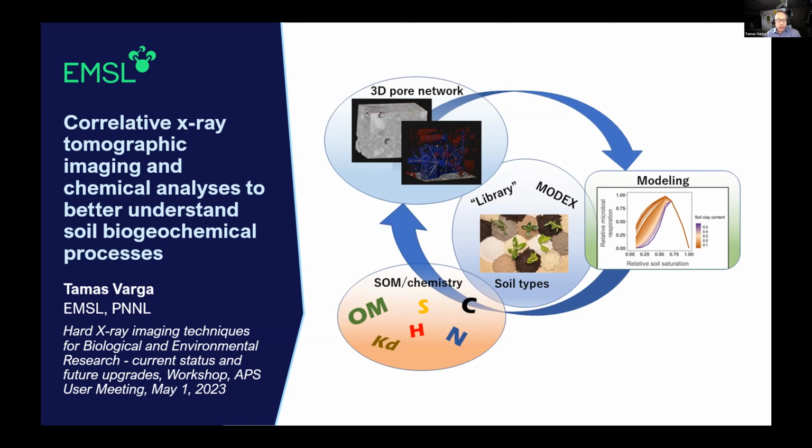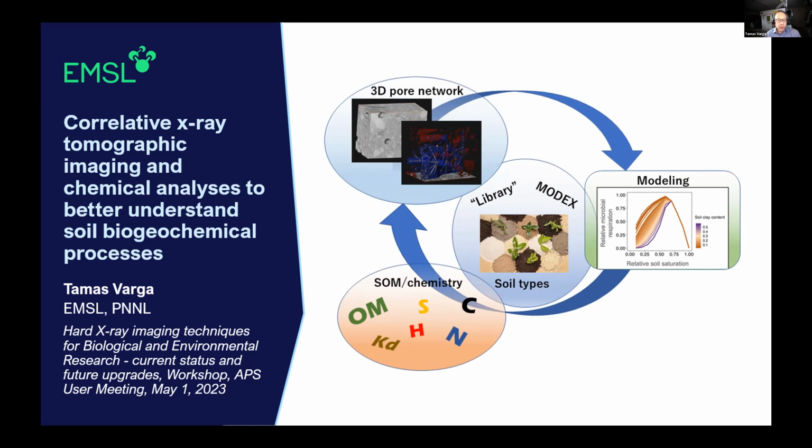We take effluent samples during these experiments for carbon and nitrogen content. We analyze the major cations that are important in soil processes, and then of course we use FTICR mass spectrometry for the chemical information on the organics.